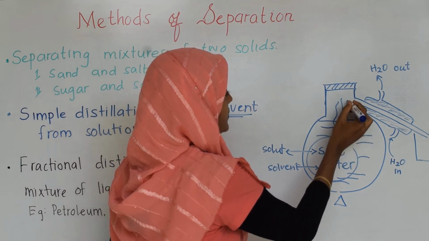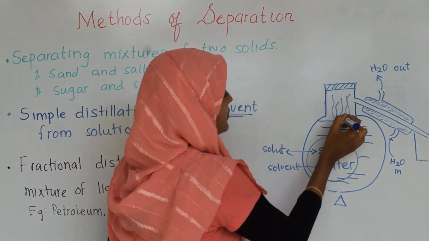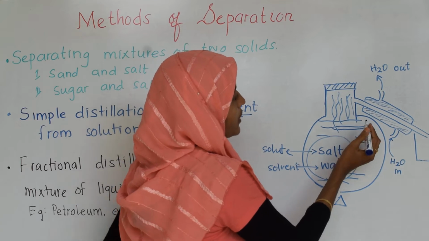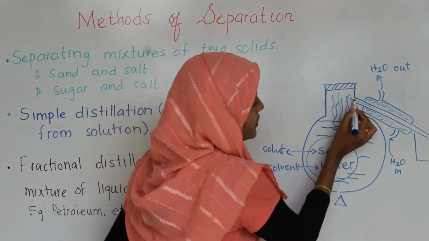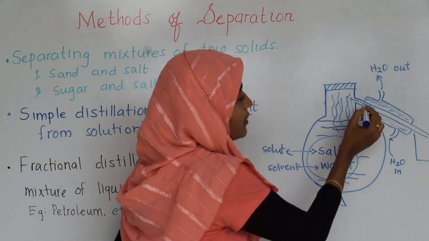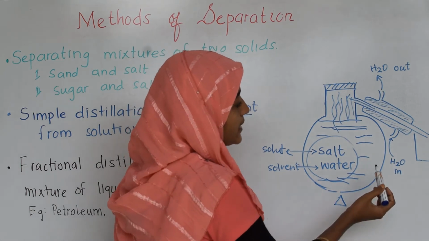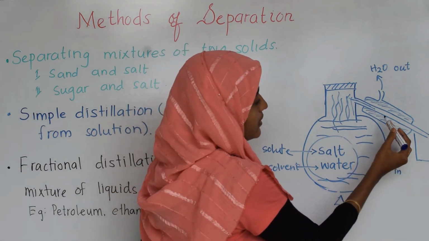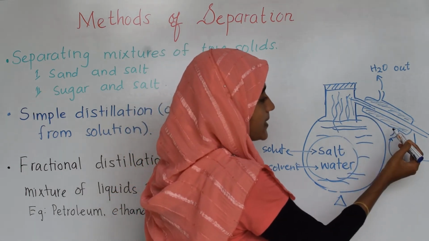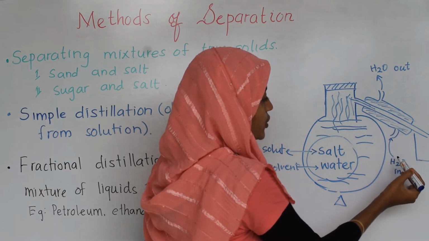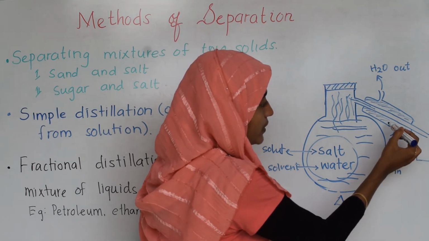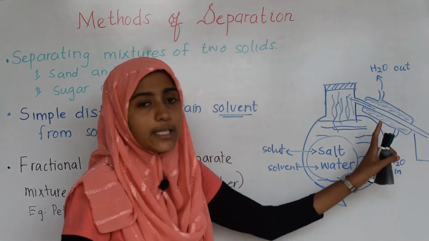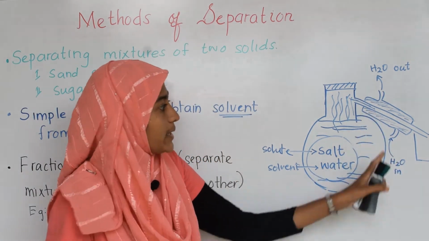water vapor comes out, salt doesn't come, water vapor comes and it goes through this. Once it goes through that, here you have a condenser which is helping in condensing this water vapor that comes out.